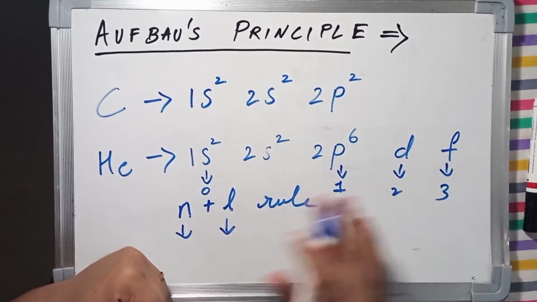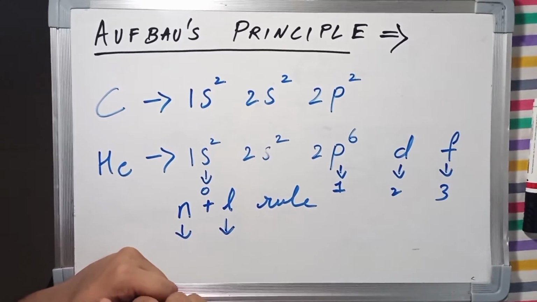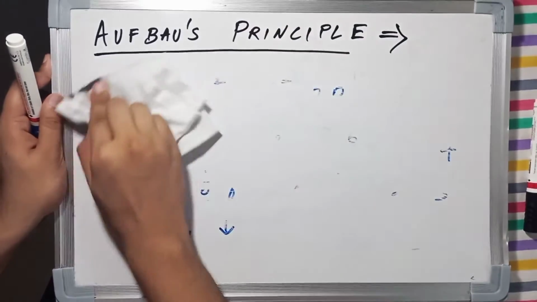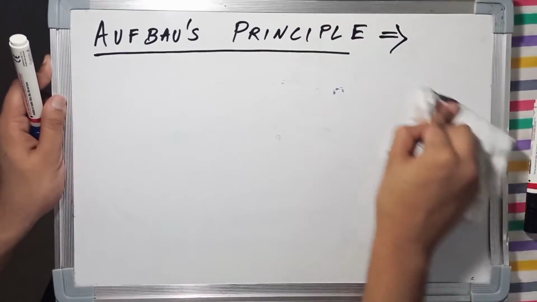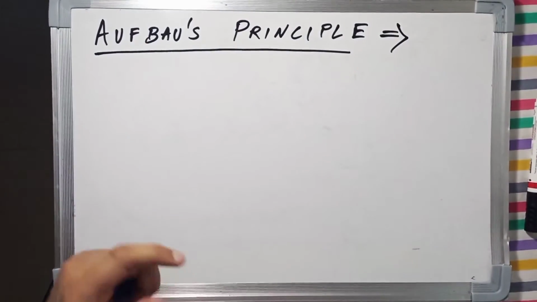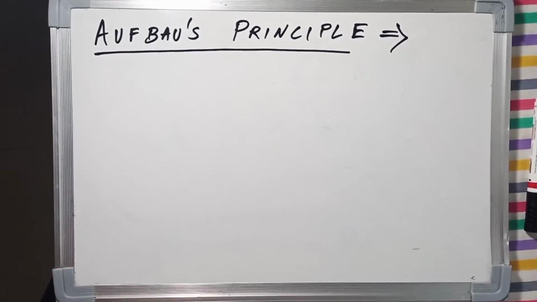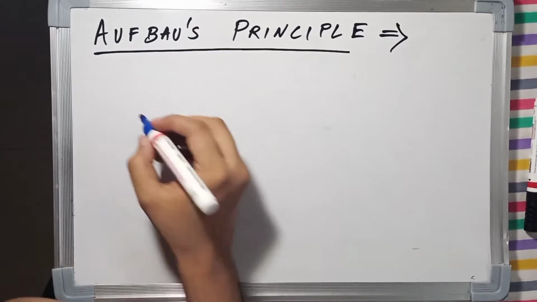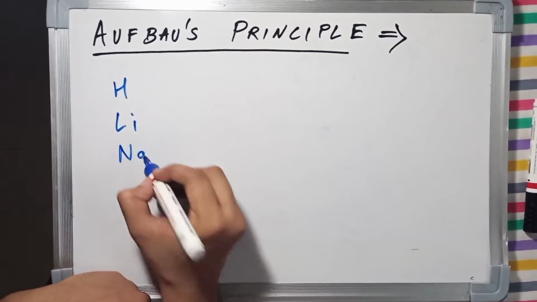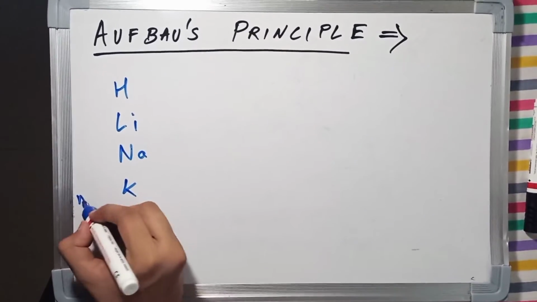Now I'm going to go ahead. For example, you must have noticed that in the fourth period, here n is equal to 4.